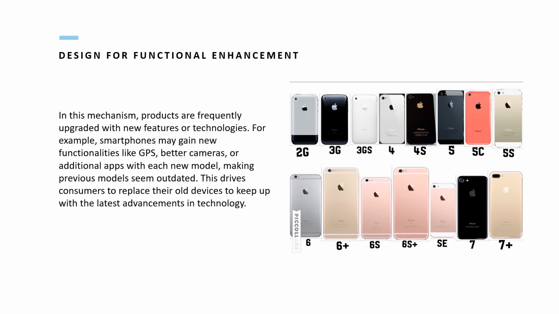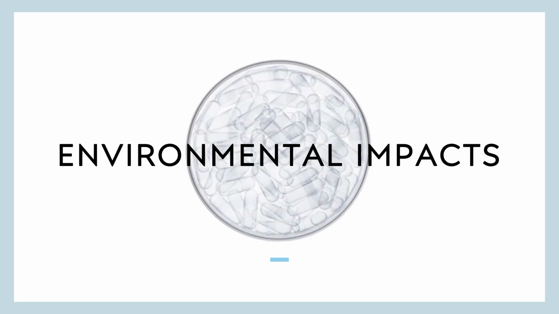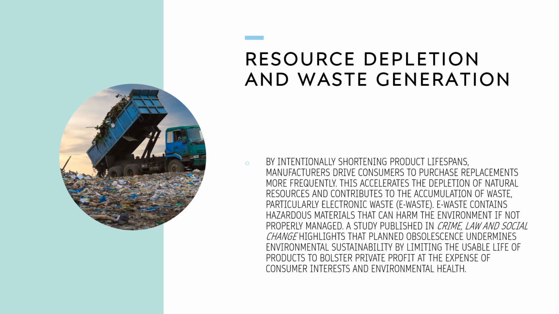Like if you have an older iPhone, sometimes they'll start slowing down during the production of new ones. Both physical and technological obsolescence are strategies used to drive consumerism by ensuring products wear out or become outdated, demanding frequent replacements. Now let's talk about the environmental impacts of planned obsolescence.